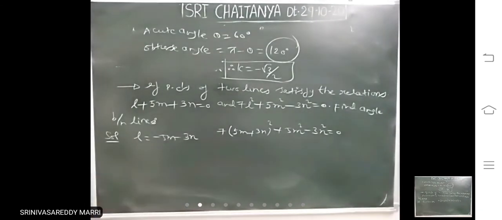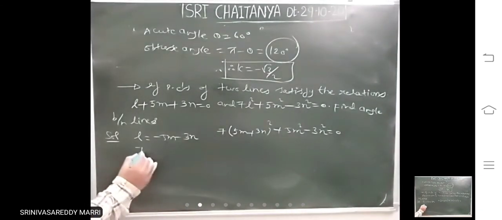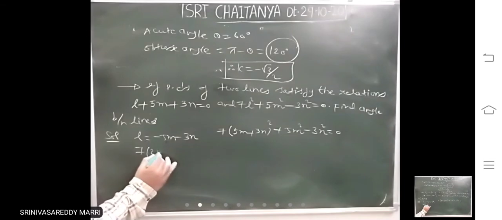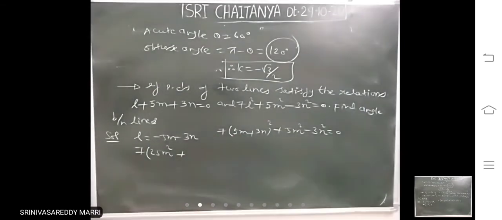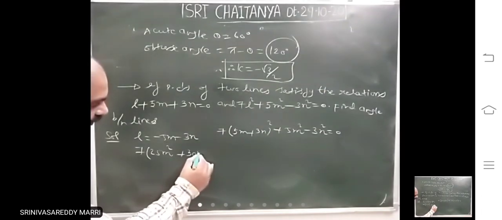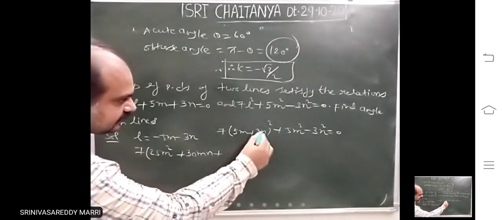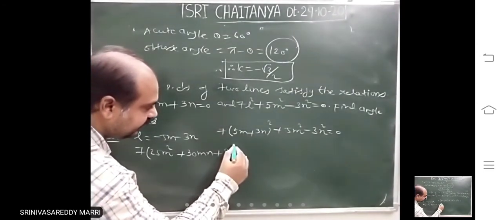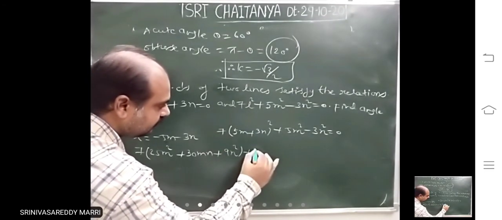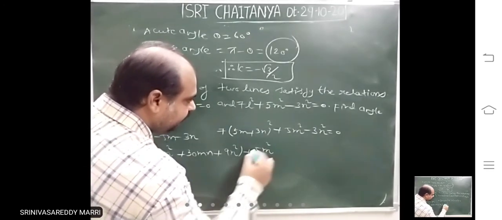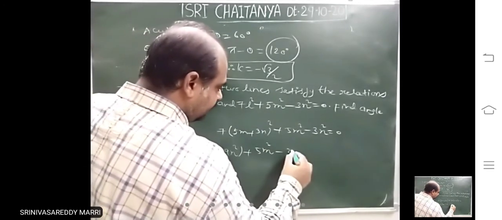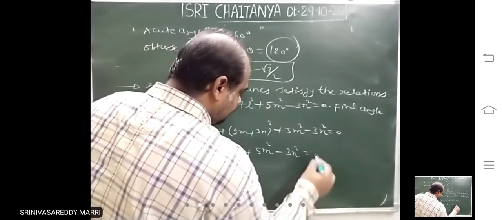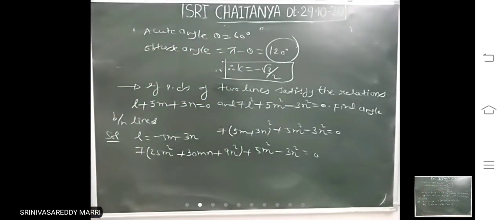Now you form a quadratic equation in m and n. 7 into 25m square plus 2ab, 2 into 5, 10 into 3, 30mn, plus 9n square, plus 5m square minus 3n square equal to 0.